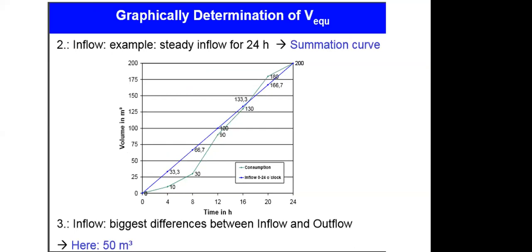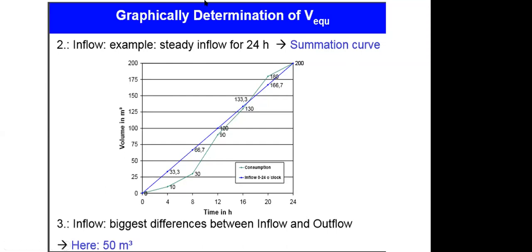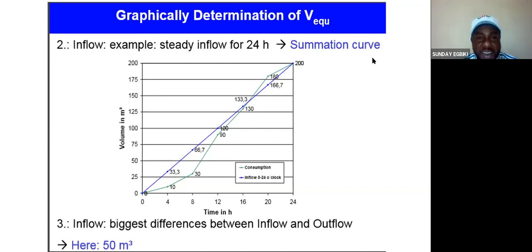I see this area where there's the maximum difference, but I still wouldn't know how to read it in cubic meters. Okay, no problem. So let me explain it to you now.